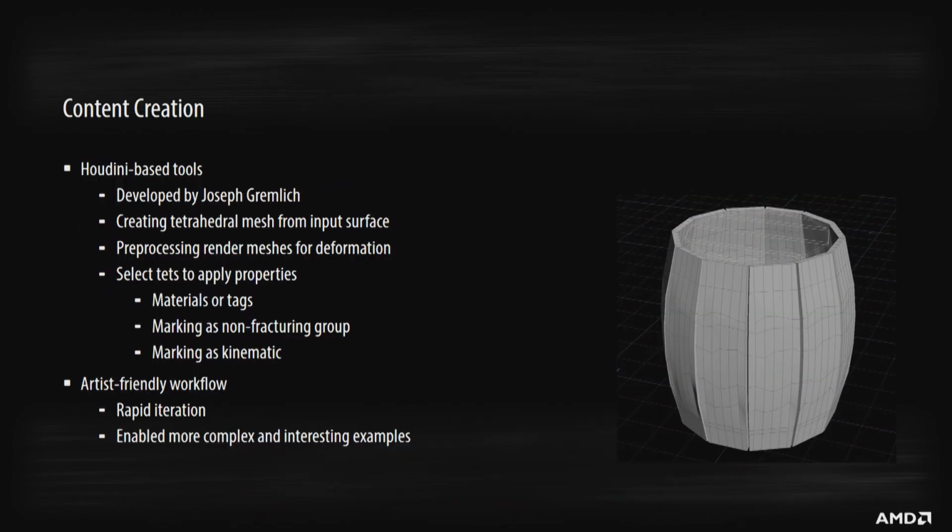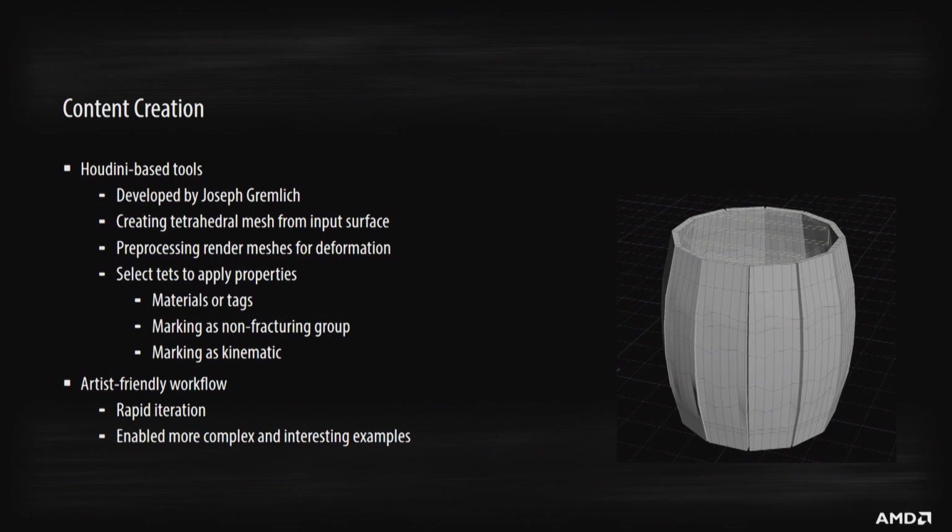To give you a fuller picture, I'll do a couple of slides on the content development and the tools in Houdini. Houdini has a lot of helpful utilities for some of the tools we were creating, including creating the tetrahedral meshes that we need for simulation.